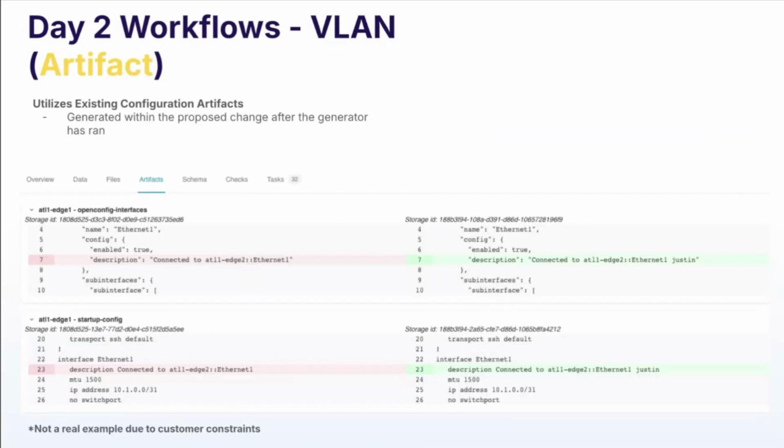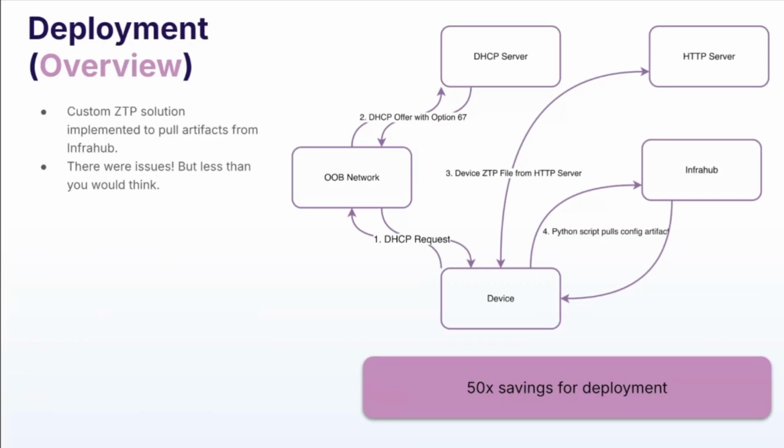Perfect. Yeah, so it's a very simple example, but showing editing the description, for example, will show editing the artifact output, which is what the customer's familiar with. So Christian had a question which we'll talk on next, which is how the deployment went. The customer used ZTP for the initial deployment and then is using other tools afterwards.